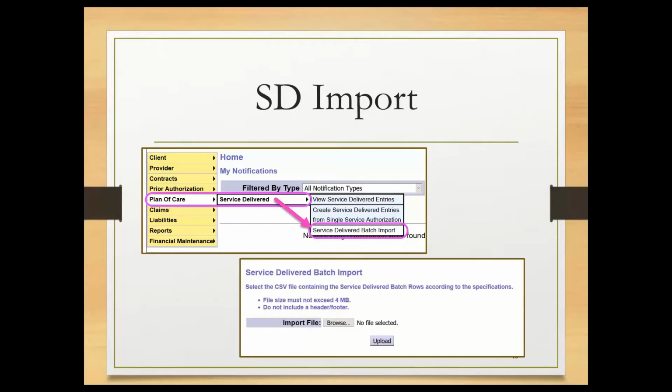And then you just find that file that's saved on your computer, upload it to Express, and then that upload process creates the draft SD billings for you to then go in and view and submit for payment processing. And again, there are how-to guides that outline the step-by-step process for doing that SD import.